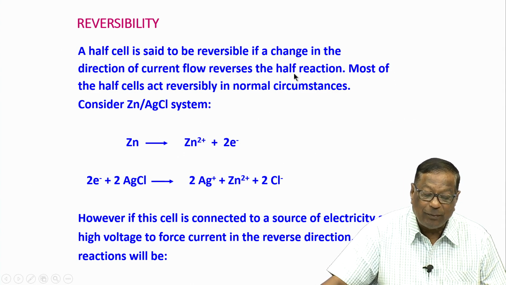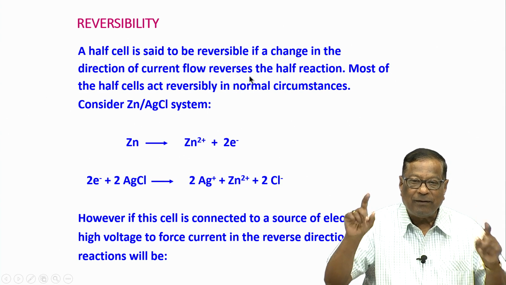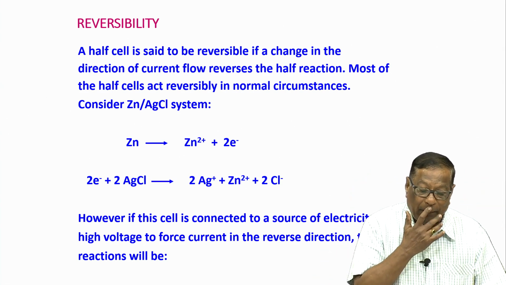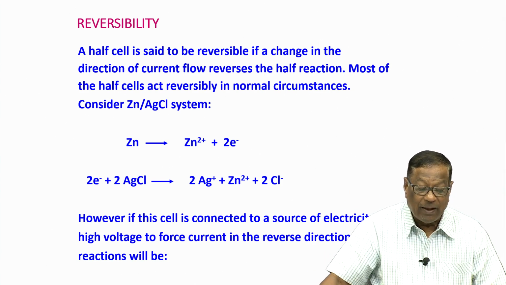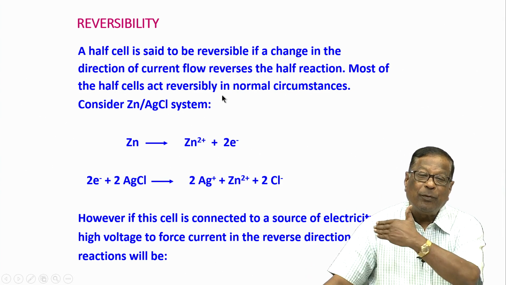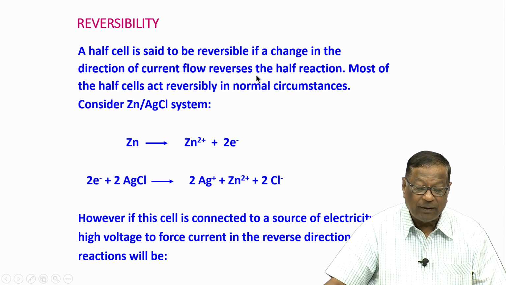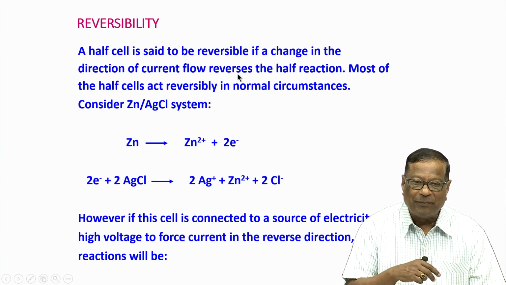Half cell is said to be reversible if a change in the direction of current flow, that is I change from outside the switches positive to negative and negative to positive, I just exchange them, then the reaction proceeds in the opposite direction. So, most of it the half cell reaction also should reverse.